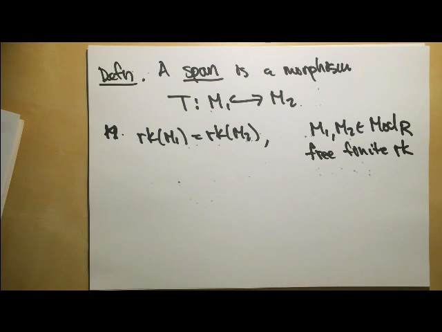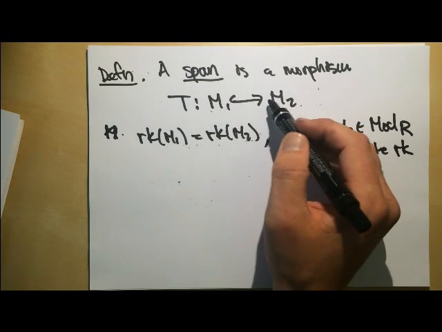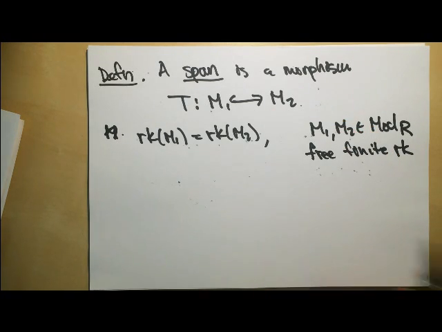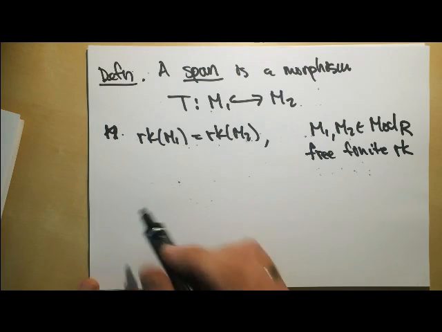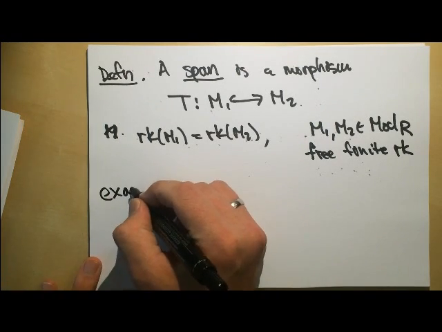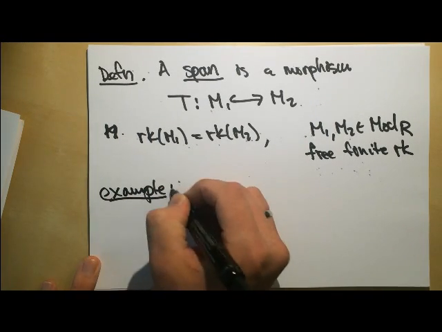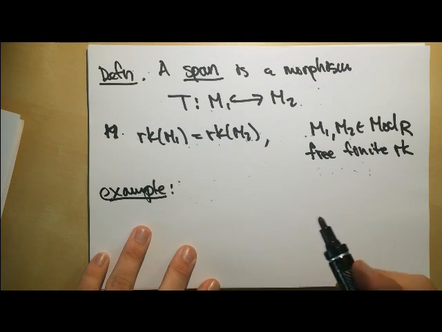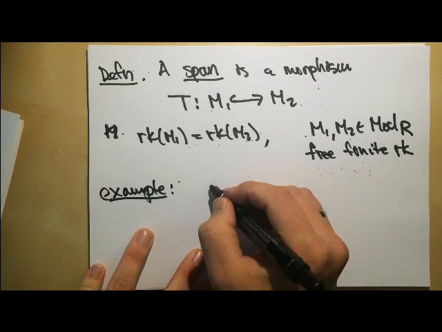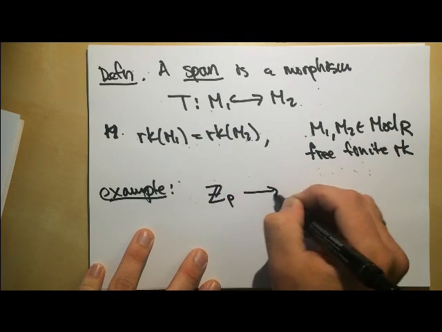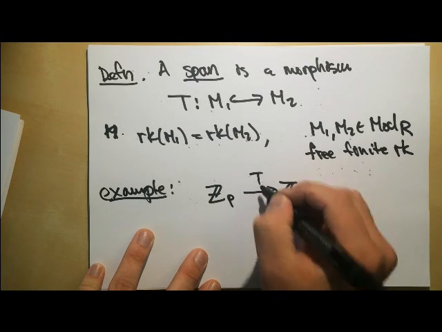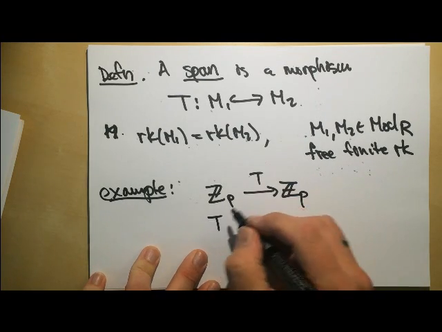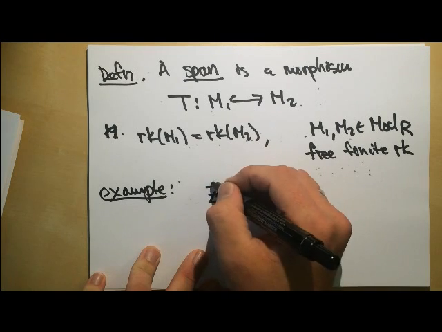So you may think this is stupid, right? This is a discrete valuation ring, and we're just looking at things with the same rank and injective maps between them. So it seems like this almost carries no information, but let me give you an example here. The example to think about is maybe you can take Z_p and Z_p here, and you can take T here, and then the lift of the Frobenius on this is the identity map.